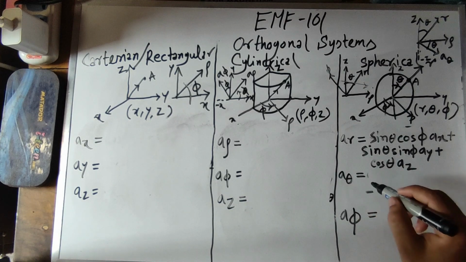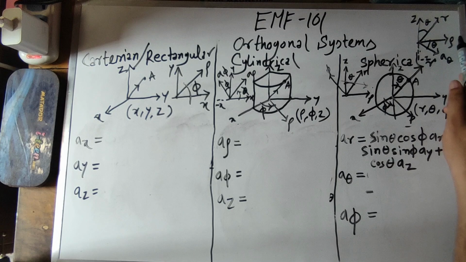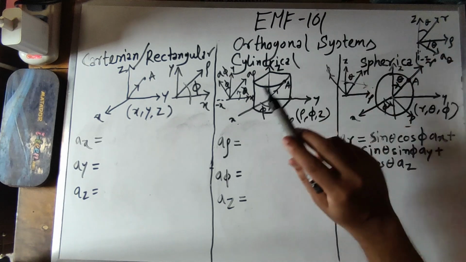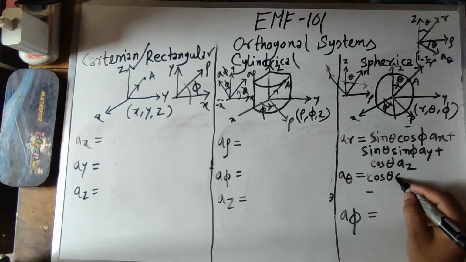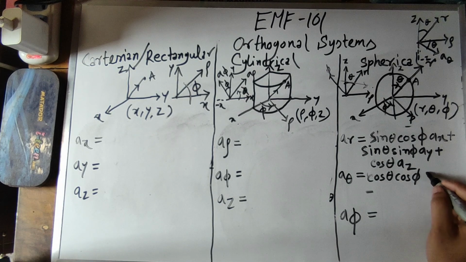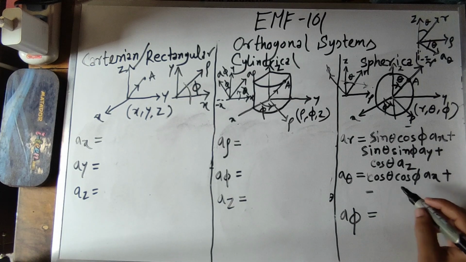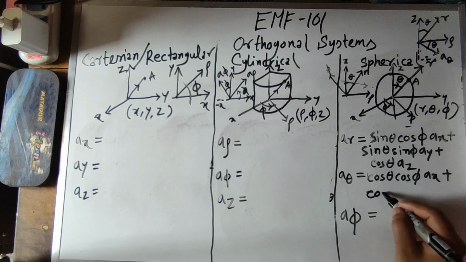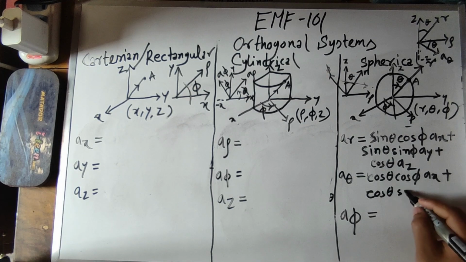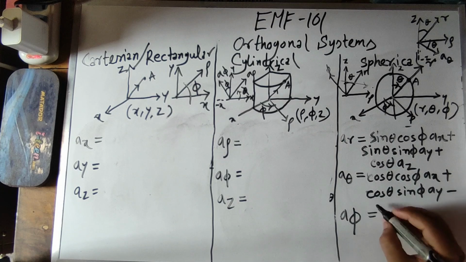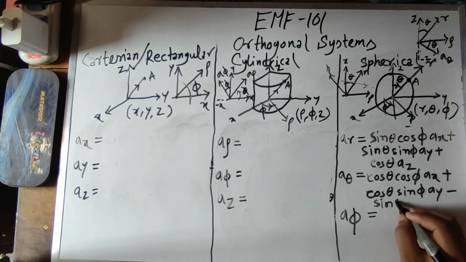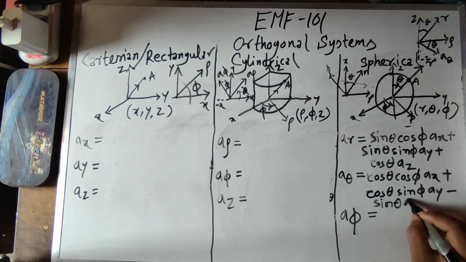Now a theta has a cos theta component with rho, and rho has a cos phi component with ax, so a theta has a cos theta cos phi component with ax, plus cos theta sine phi component with ay, plus minus sine theta component with az, so minus sine theta component with az.